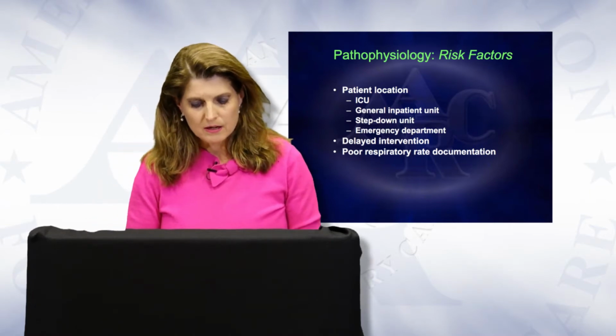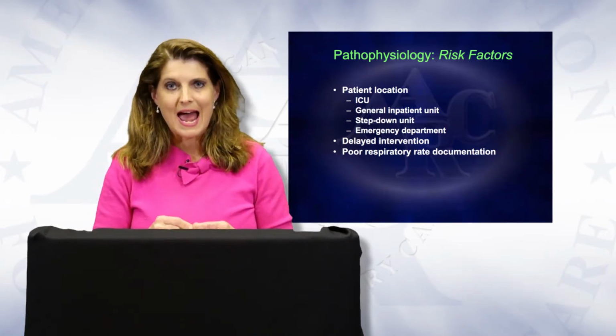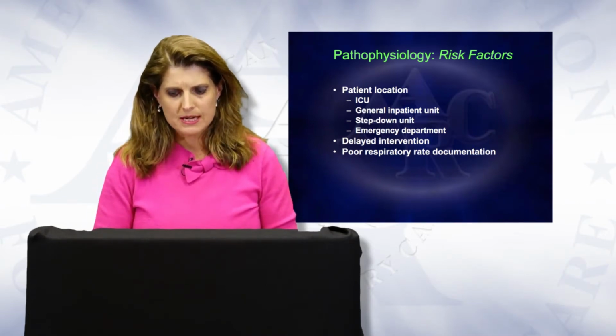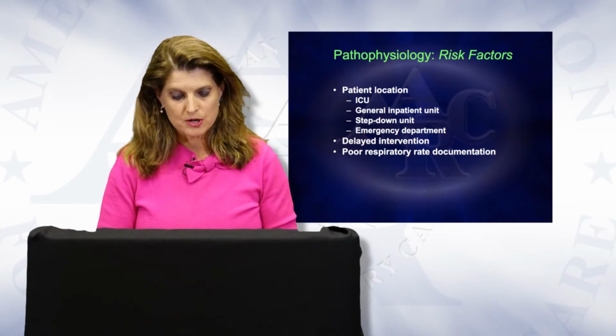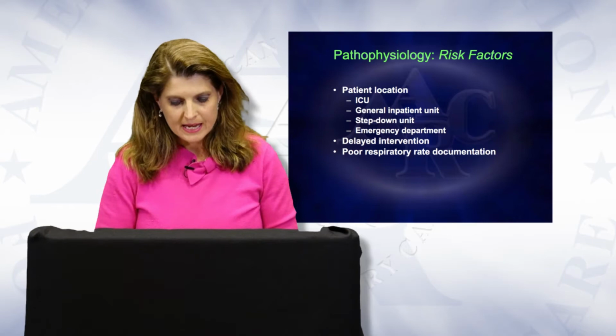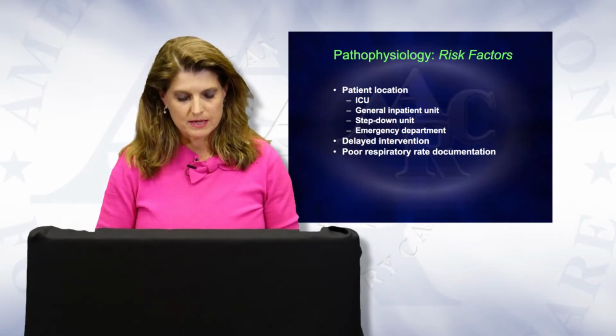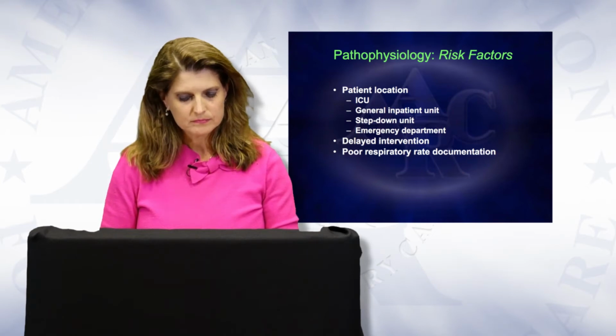More distressing was the observation that delayed interventions occurred in 50% of patients with respiratory distress with a median delay of 12 hours. And this delay in making an intervention is obviously associated with increased mortality.